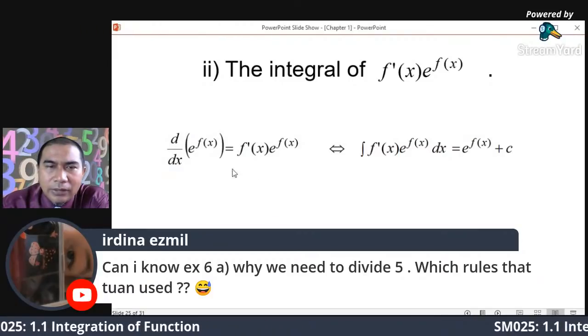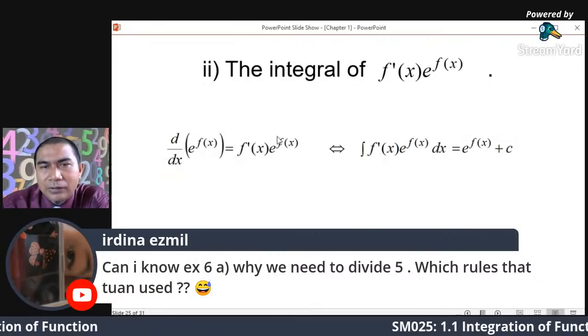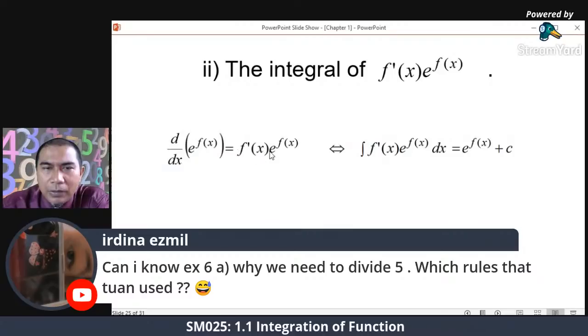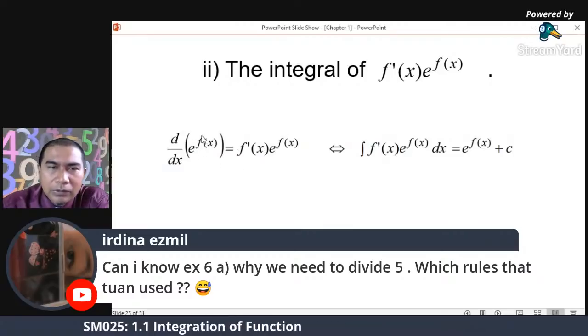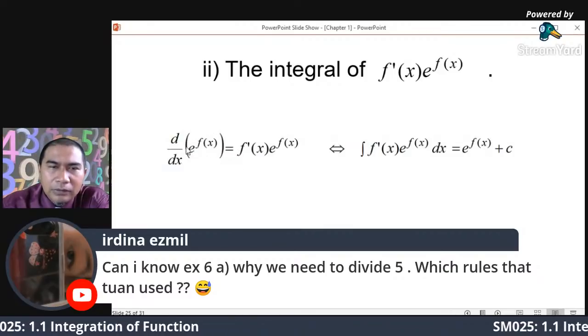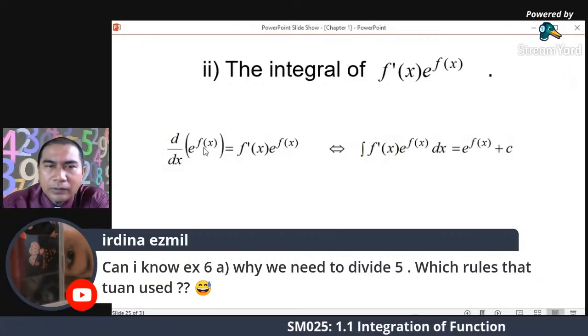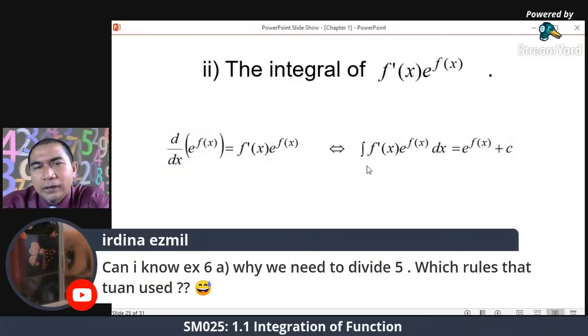So when we integrate in the form of f prime x e power of fx, we will get what we differentiated, the function e power of fx. Okay.